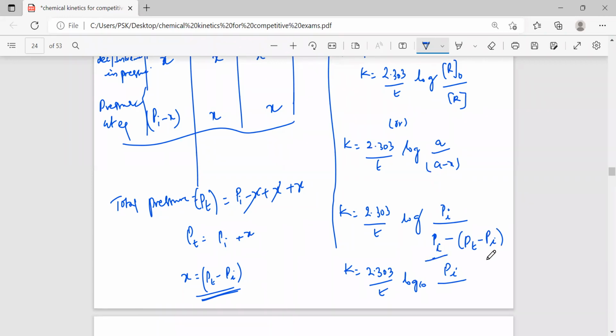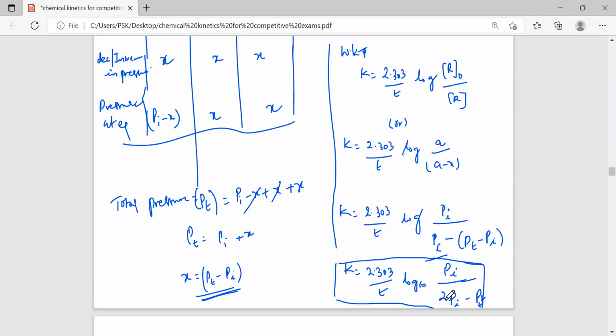So Pi plus Pi I get as 2 Pi minus Pt. Did you understand this? Did you follow? Yes, sir. So K is equal to 2.303 by T log of Pi divided by 2 Pi minus Pt.